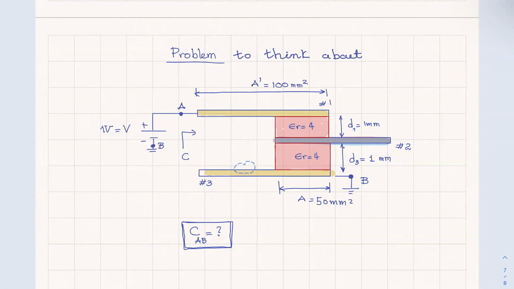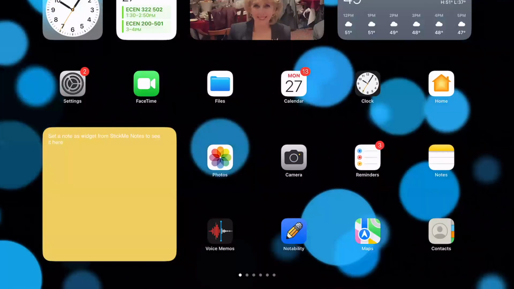If I don't have time to do that, then I will give you the quiz on Wednesday, and I will do some discussion of this problem before I give you the quiz, just to help you with the distribution of the charges.